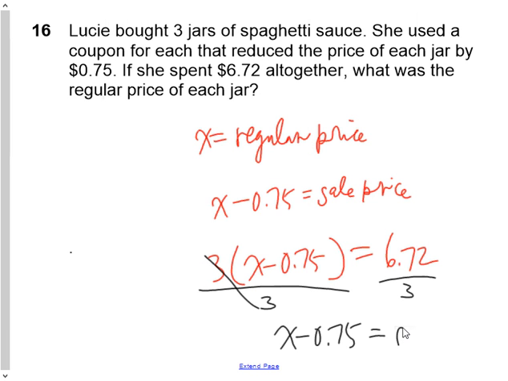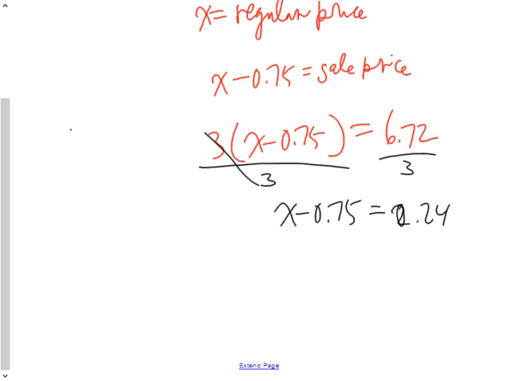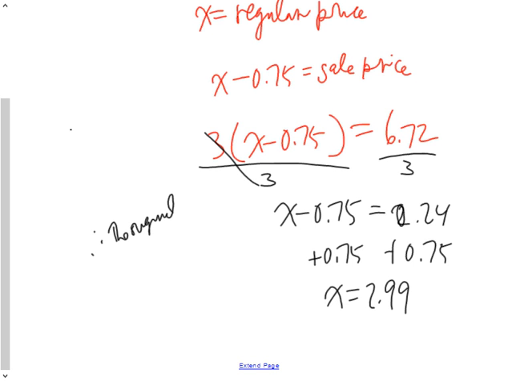I don't think I did. $2.24. And if the sale price of a jar was $2.24, if I add the coupon back onto the price, I get X was equal to $2.99. And therefore, the original price was $2.99 a jar.